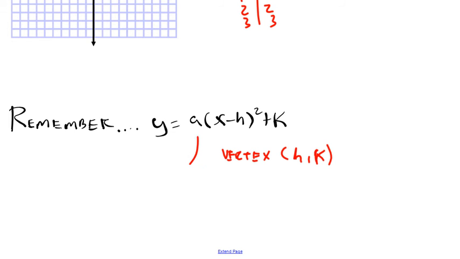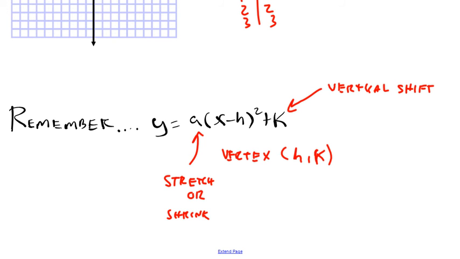You also learned that this a either stretches or shrinks the graph. This k is the vertical shift, which makes the graph go up and down, and this h is our horizontal shift.